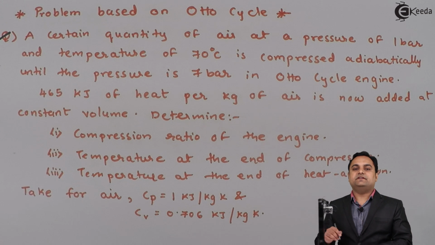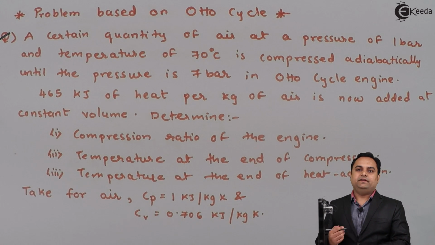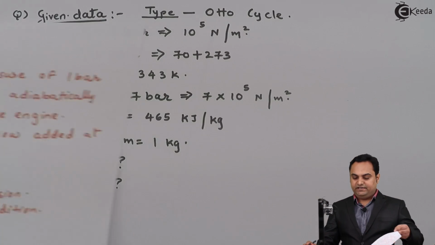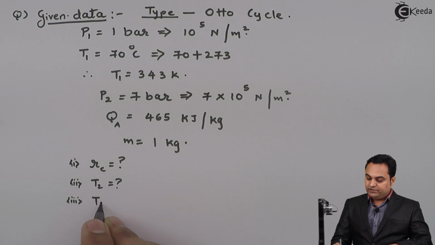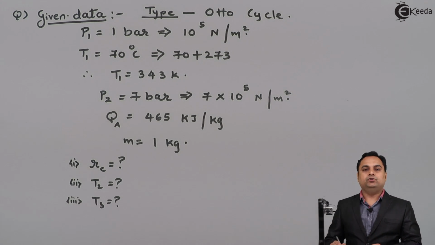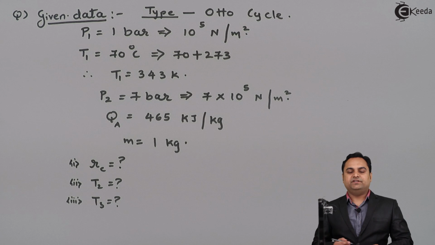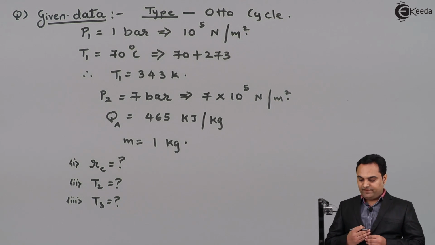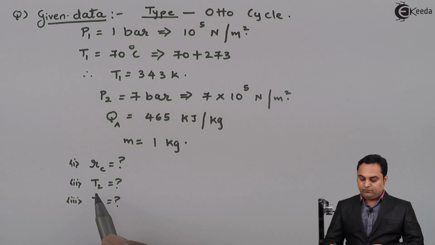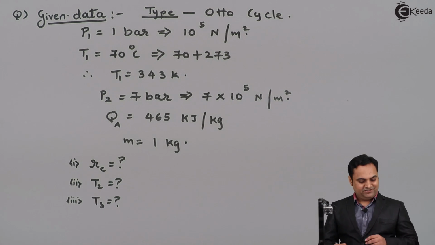Heat addition gets started at point number 2 and it gets completed at point 3. So temperature at the end of heat addition means we have to calculate T3, and accordingly these terms would be understood once I start the solution. That is, in the solution part I will be drawing the PV and TS diagram. From that we can get an idea of what temperatures are to be calculated.